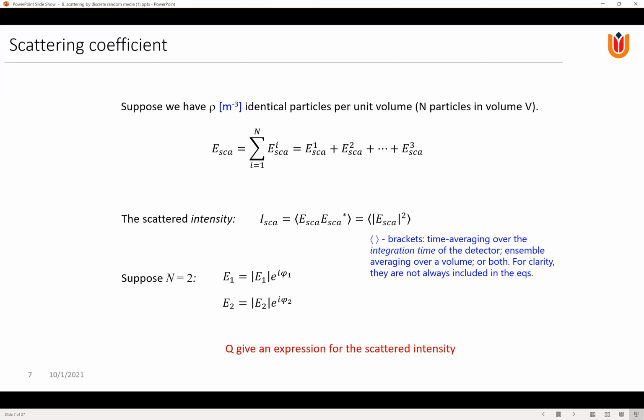Okay. So E scattered in this case is going to be E1 plus E2.